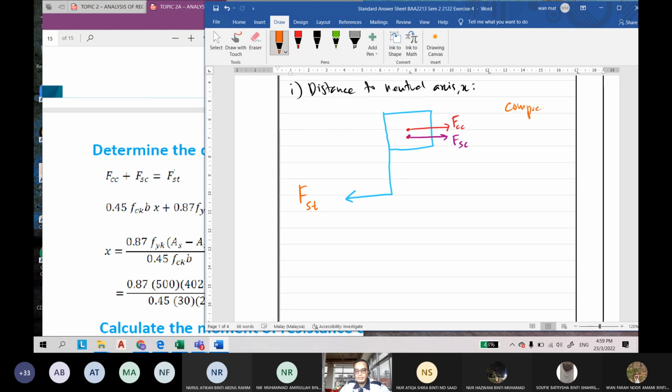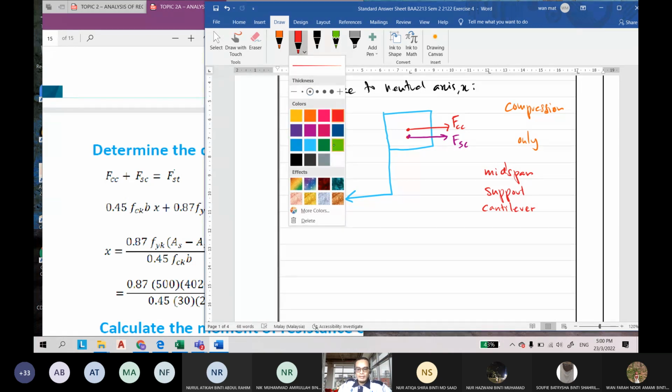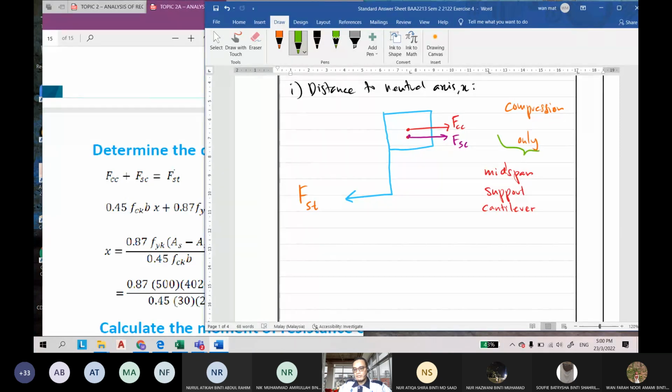The compression reinforcement is required only at what? At mid-span, support, or cantilever? Anybody can answer? This was our last class lesson.